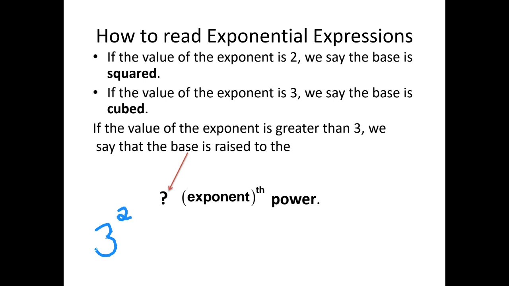When I read this, this is 3 squared, because the base is 3, and that can be any number. I just picked 3 to make life easy. But if the exponent or superscript is 2, we say the base is squared.